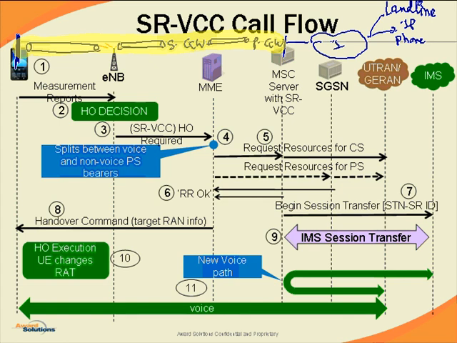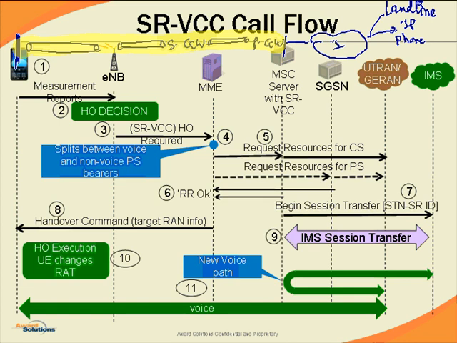So in general, if you're talking, let's say, between UMTS and LTE, then the standard has packet switch handover defined. So your voice over IP becomes a CS call, and your other data bearers become PDP context for packet switch.